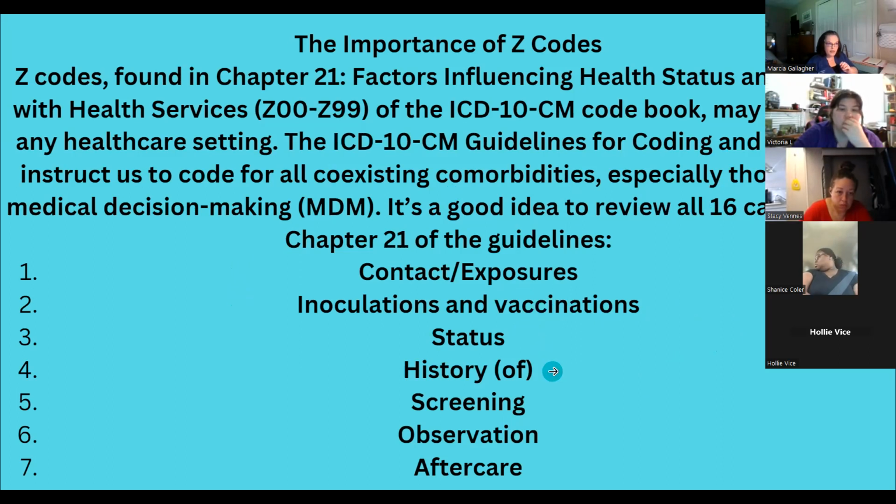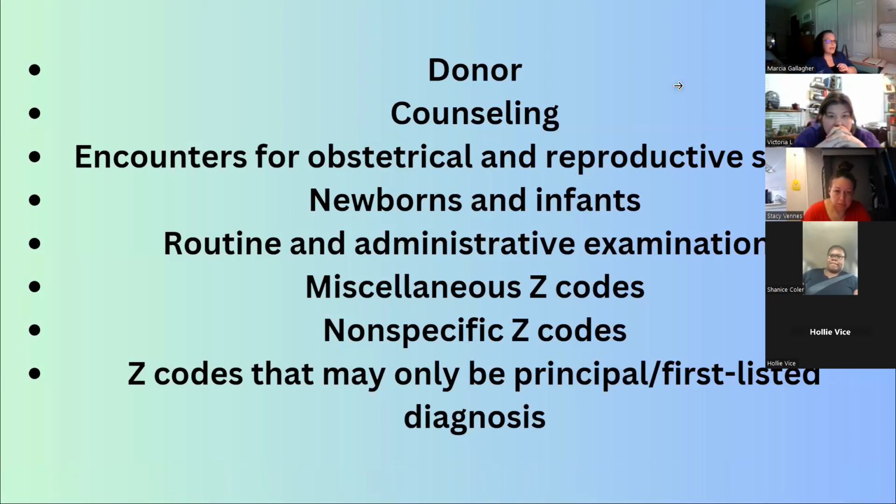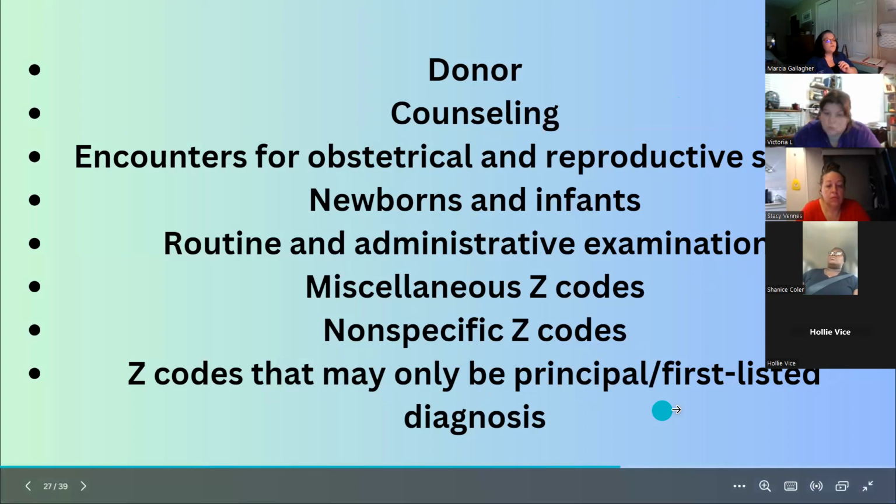Status, history of breast cancer, history of diabetes, history of cardiac issues, screening, observation, aftercare, donors, counseling, encounters for obstetrical and reproductive services, which can be contraceptives, right? Newborns and infants, routine and administrative examination, miscellaneous Z codes, non-specific Z codes that may only be principal first-listed diagnosis.